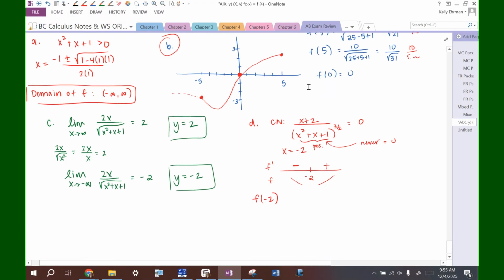F of negative 2 is 2 times negative 2 over the square root of positive 4 minus 2 plus 1. That's negative 4 over radical 3. This is the absolute minimum. So the range is negative 4 over radical 3 up to positive 2. Do we hit positive 2? No.